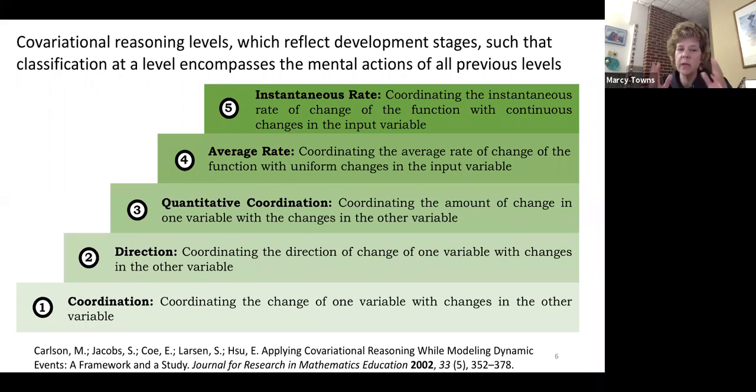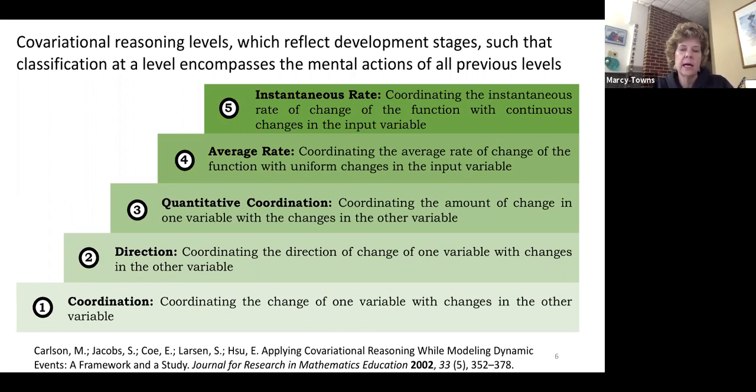Marilyn is a mathematics education researcher, and those concepts of average rate and instantaneous rate are really important in mathematics. Those are the kinds of things that they deem important, and they want to know where a student lands on these covariational reasoning levels. And I would say, to harken back to the resources framework, that a different context, a different prompt, a different problem can indeed have students landing at a different level.